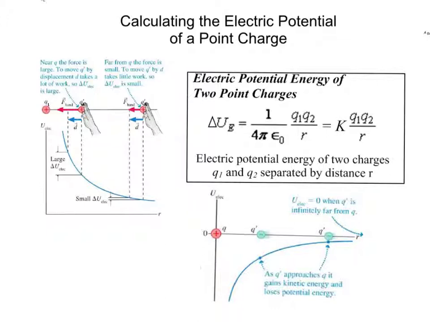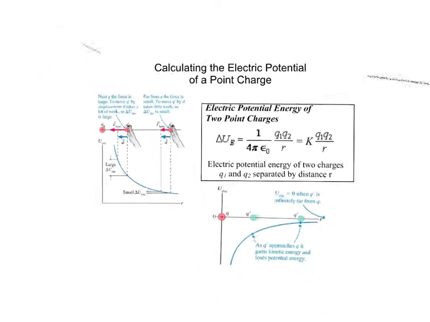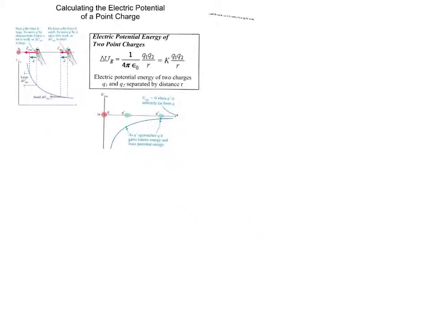Now, this equation, k times Q1 Q2 over r, gives the potential energy of a test charge, Q2, when it's a distance r from a fixed point charge, Q1. But we set out here to find the electric potential of a point charge, right? Well, we know that the electric potential is related to the potential energy by V equals U_E over q, where this q is the test charge that we have been calling Q2.